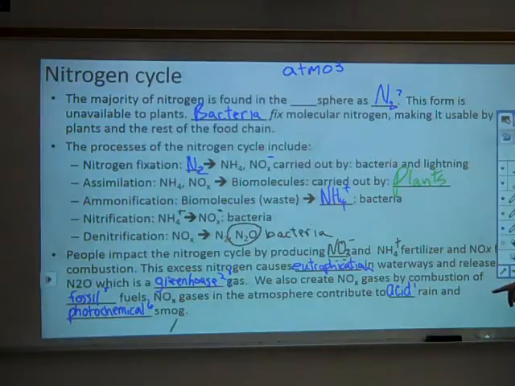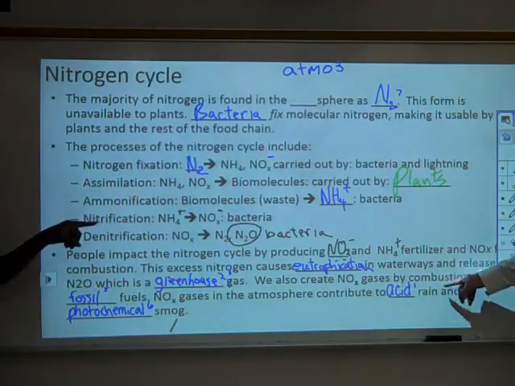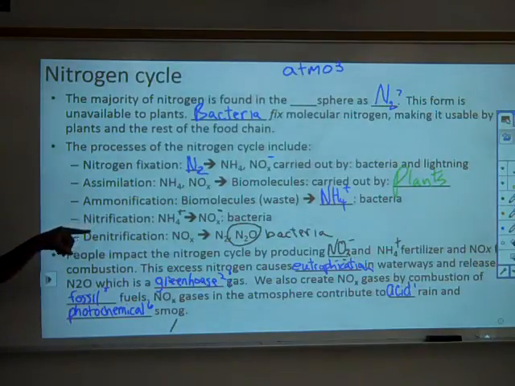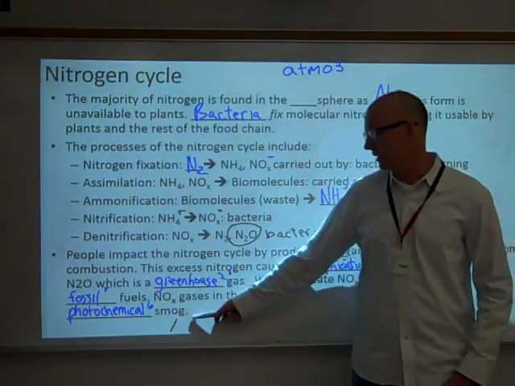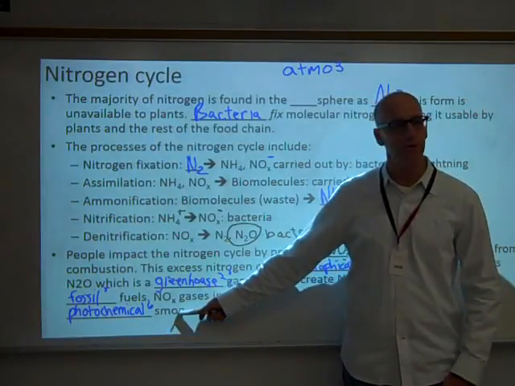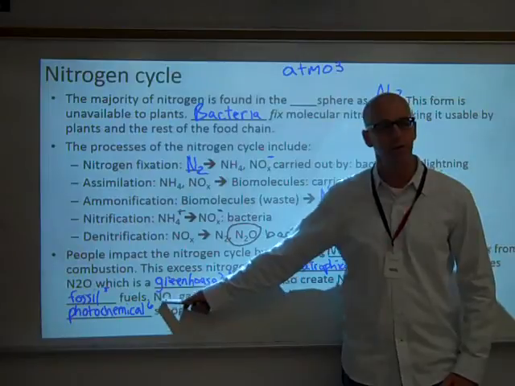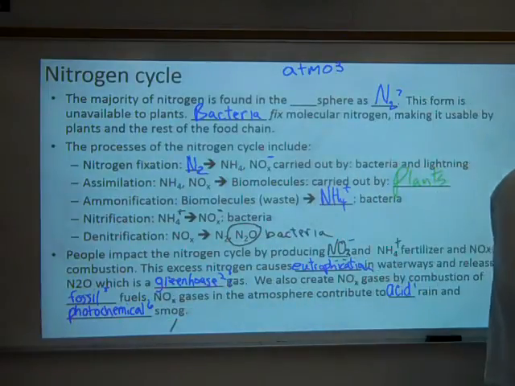All right, and NOx in the atmosphere, as we've talked about before, creates acid rain, nitric acid in the atmosphere. And it combines with your gasoline fumes, and this is what makes the photochemical smog we talked about with air pollution.